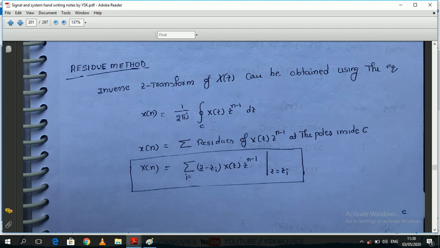So x of n is equal to the summation of residues of X of z z power n minus 1 at the poles inside the contour C. What is the meaning of that? Summation of (z minus zi) X of z z power n minus 1 at z equal to zi. This is the residue method.